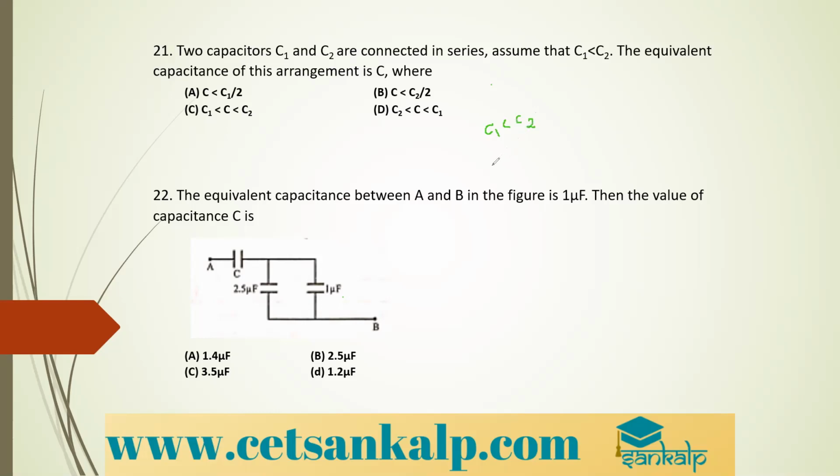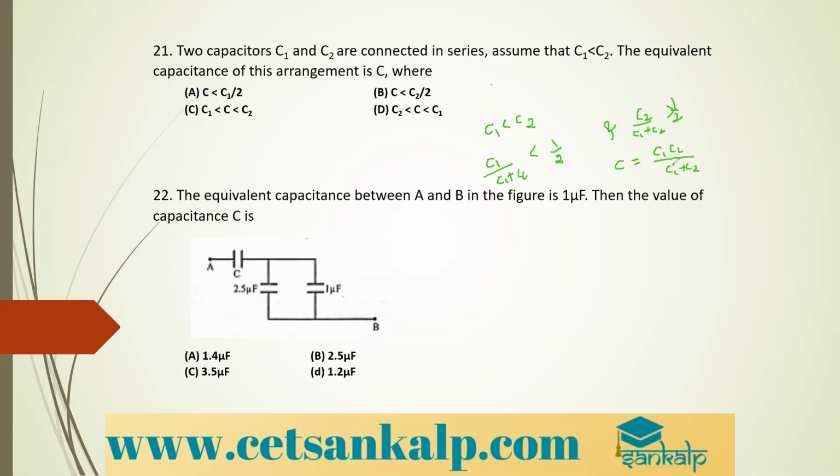Therefore, what we can write here is C1 divided by C1 plus C2 is less than 1 divided by 2. And we can also write C2 divided by C1 plus C2 is greater than 1 by 2. Therefore, we can simplify and write C is equal to C1 into C2 divided by C1 plus C2, when they are connected in series.